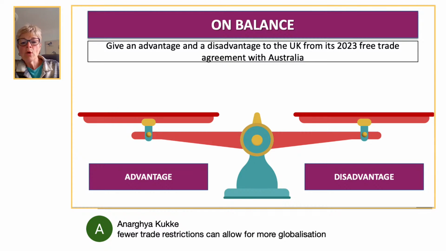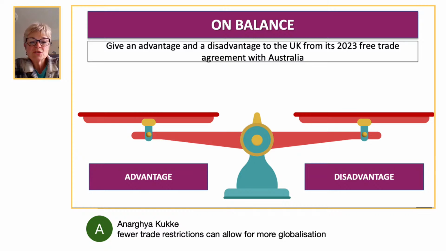So Emery is saying more exports. We just qualify your answer: always, more exports to Australia because they are now cheaper for Australians to buy from us. Fewer trade restrictions can allow for more globalization from Anargia. I'm sorry if I am mispronouncing your name there.